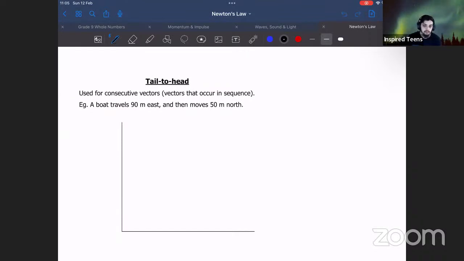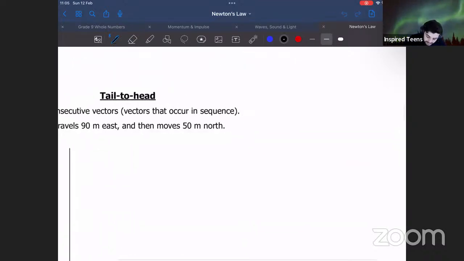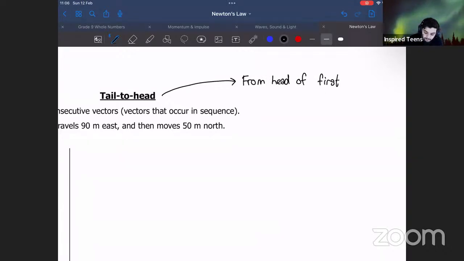So this example, we'll do it along this axis, but let's just talk about the tail to head method. With the tail to head method, you're going to draw all your vectors from the head of the first to the tail of the next.